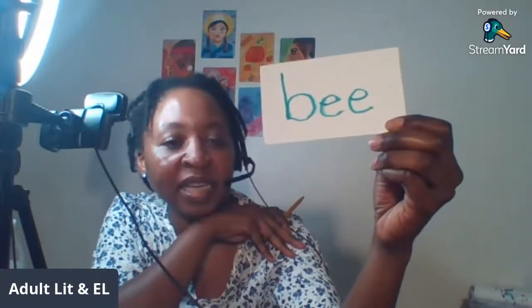B, B, B. This form of the word be, this spelling, refers to a bumblebee, such as the bees that pollinate your flowers outside that make that buzzing sound, bee. And it's pronounced just like the other bee, B-E, but it has a completely different meaning.